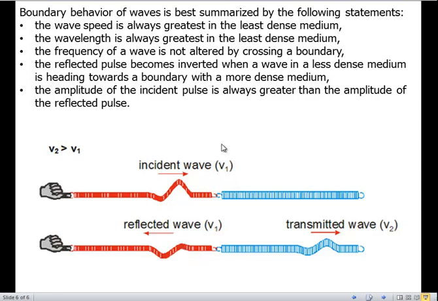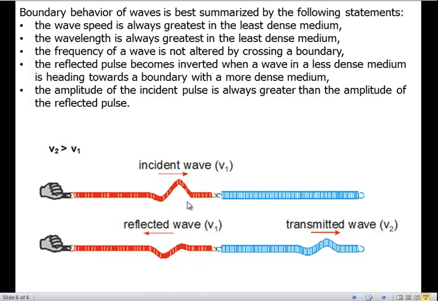Okay. And the other thing to note is that the amplitude of the incident pulse is always greater than the amplitude of the reflected pulse. That means that because some energy has been transmitted, the amplitude is going to be reduced.